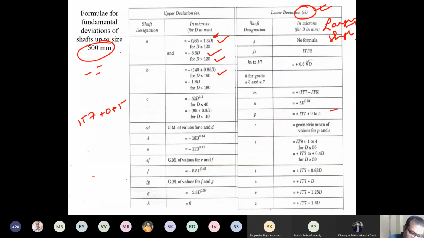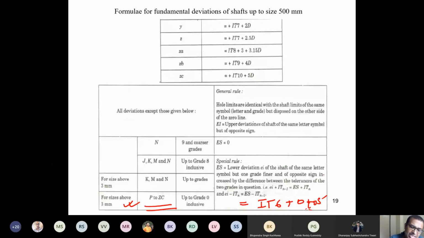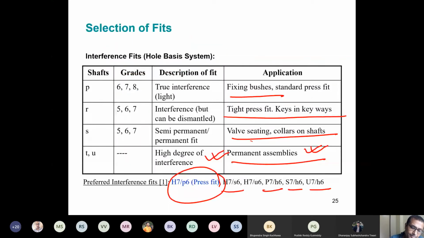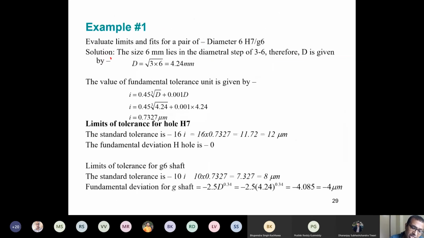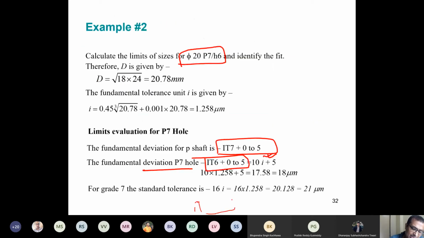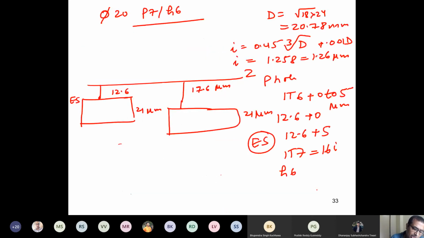So H is 0, but it is the upper deviation. Right? ES. So shaft is smaller than the 0 line till H, and then it flips. So this is the ES of that. So both have ES only. You see that. Both have ES only. So here also it is ES, and here also it is ES.